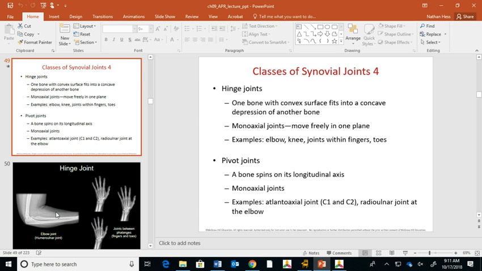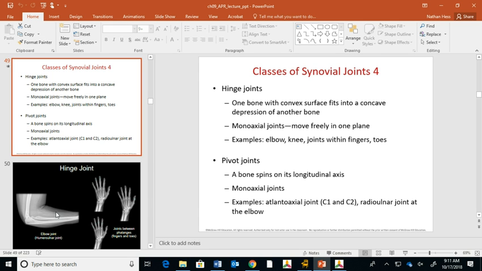The olecranon process and the coronoid process fit over that trochlea and capitulum, and it allows simply one plane of movement: flexion, bending, and extension, straightening. Does that make sense? And you can see very easily, concave on the ulna, convex on the humerus.